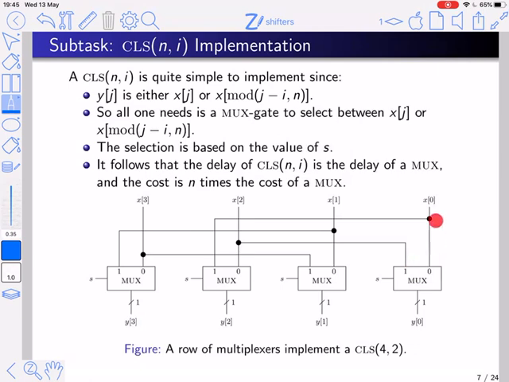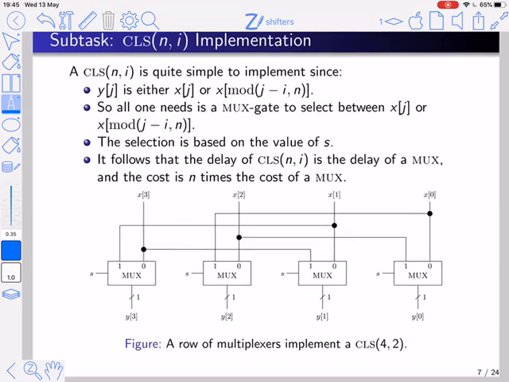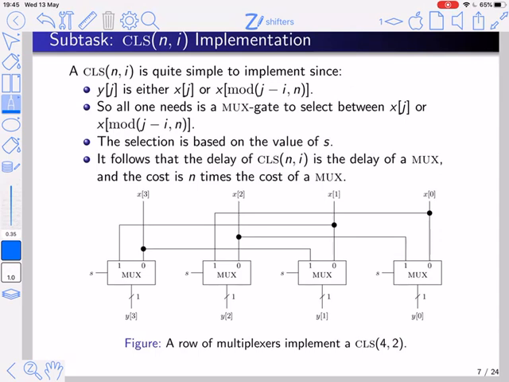One is the corresponding bit of x, and the second one is the shifted value of x. So this is a CLS for 2. Okay, so if shifting takes place to the left, then the 0 bit goes to the second position, the first bit goes to the third position, the second bit goes to the 0 position, and the third bit goes to the position number 1. Okay, so this is a circuit.